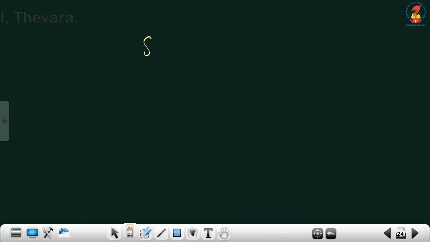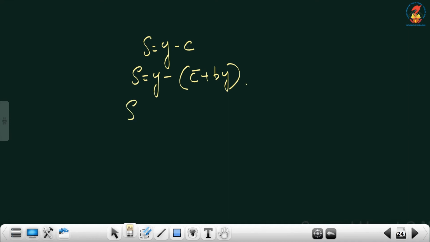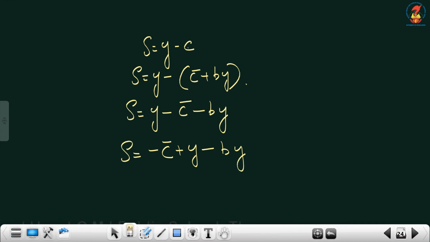So, S is equal to Y minus C. S is equal to Y minus, instead of C I am going to write C bar plus BY. Now S is equal to Y minus, open the bracket, C bar plus BY, so minus C bar minus BY. Now S is equal to, I am going to write minus C bar first, plus Y minus BY.